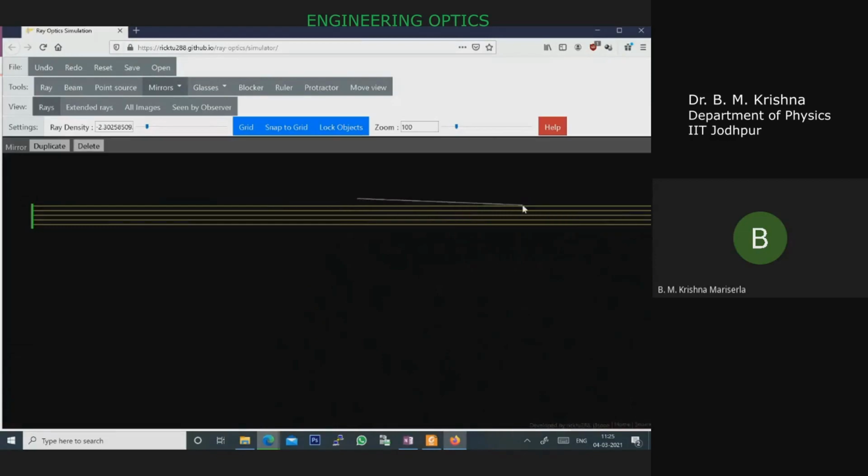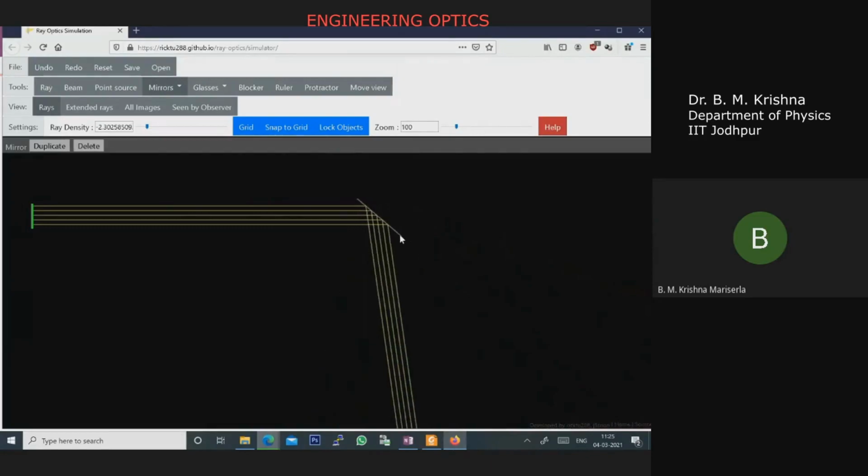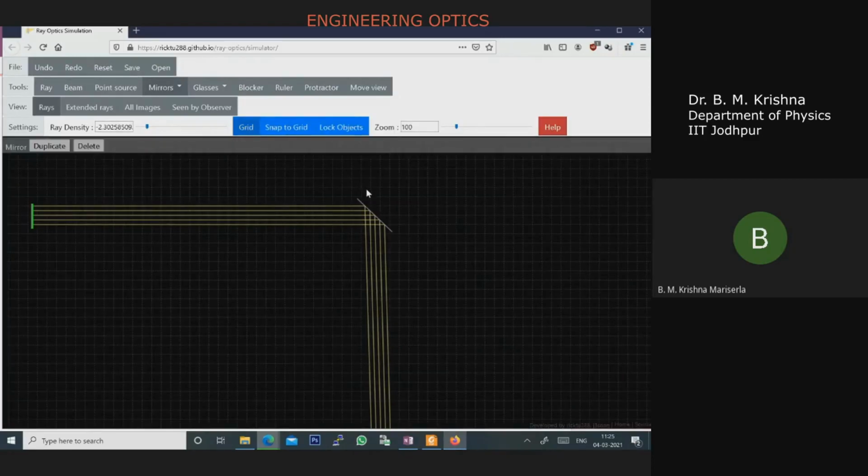If you remove the mirror completely, it is out of the beam path. Now you can guide your light beam wherever you want. For example, if I want the light beam exactly perpendicular to the incident light, I place the mirror at a 45-degree angle.